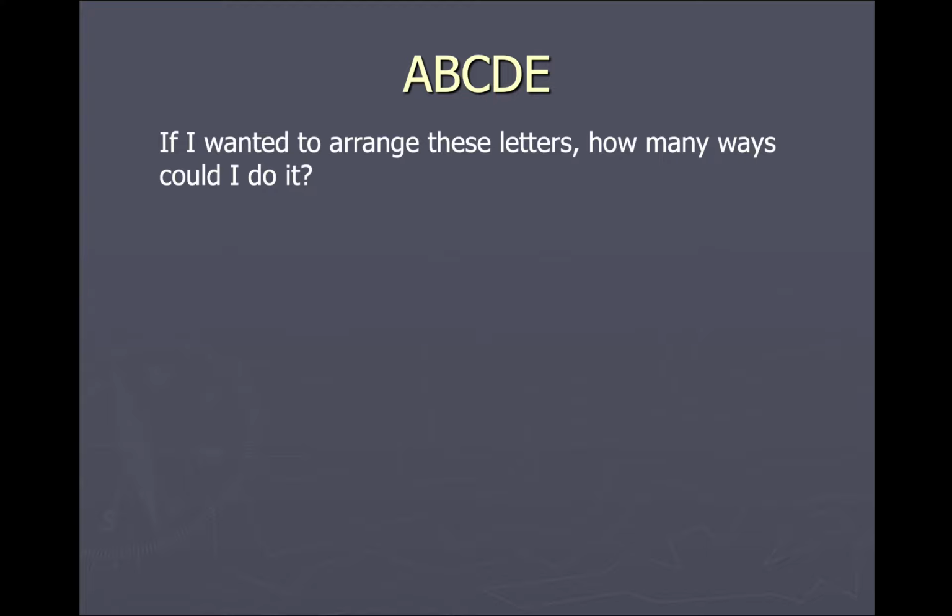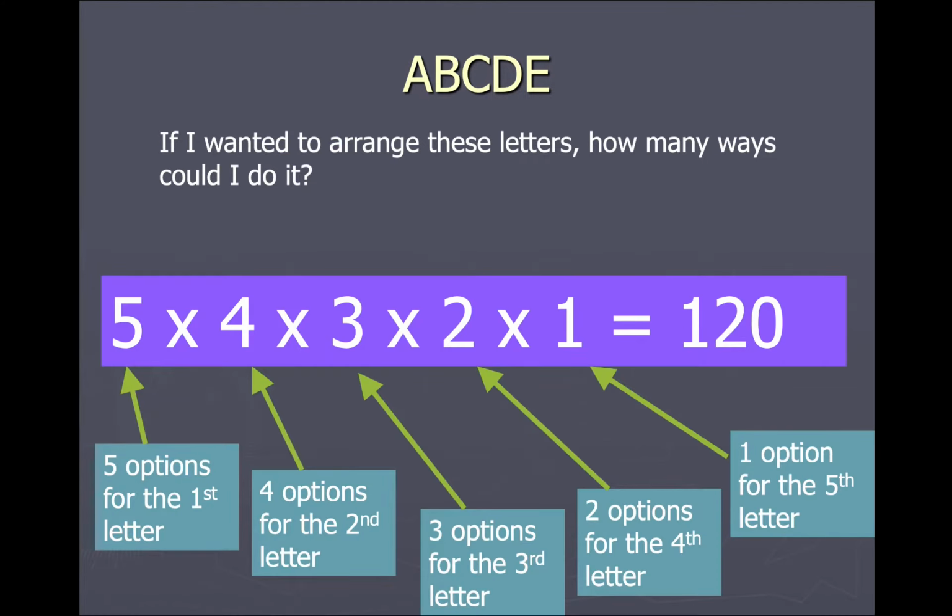Now take the first 5 letters, A, B, C, D, E. If I wanted to arrange these, how many ways could I do it? Well, there are 5 possible options for the first letter, times 4 possible options for the second letter, times 3 for the third, times 2 for the fourth, leaving just 1 option for the fifth.